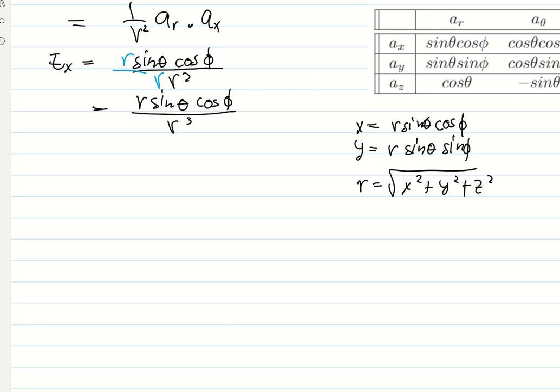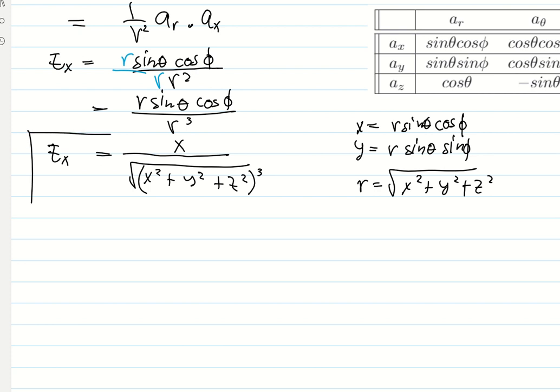Because r sine theta cosine phi is just equal to x. So I just substitute it here. Then for the denominator, r is equal to the square root of x squared plus y squared plus z squared. This is r, but our denominator here is cubed, so we still need to raise this to 3. And this will be our E_x in rectangular coordinates.